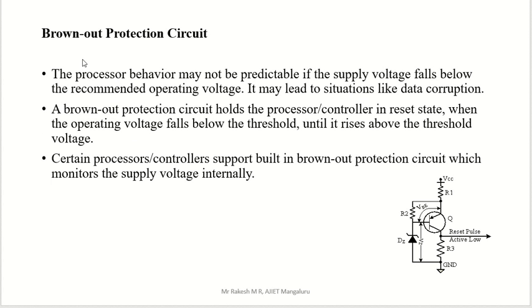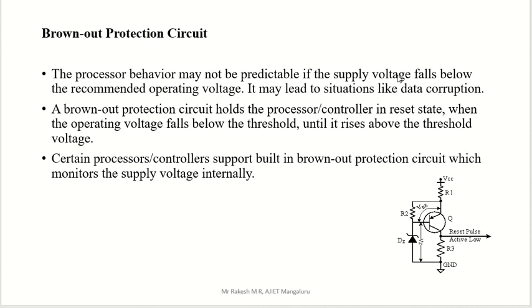The second type of component is the brownout protection circuit. The processor behavior may not be predictable if the supply voltage falls below the recommended operating voltage. It may lead to situations like data corruption. Every embedded device needs a particular working voltage. Sometimes, because of some problem, your supply voltage will decrease.